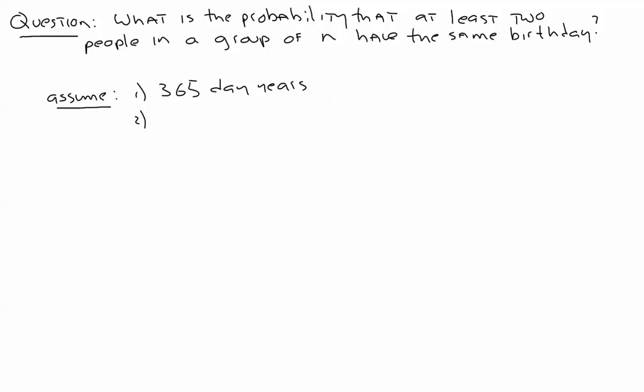Two, we're going to assume that all days are equally likely to be born on. I'm sure the Census Bureau may have better data than that, and probably some days are more likely than others for births, but we're going to assume that every day of the year is equally likely to be born on.